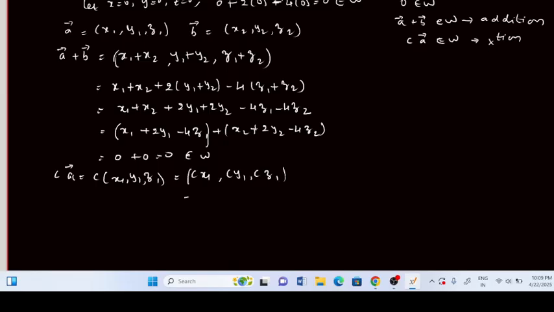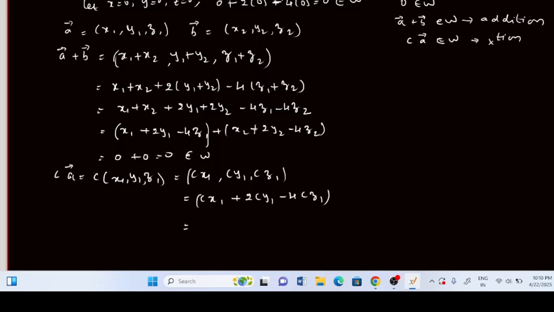Now this value we substitute in the given equation. So x is C times x1 plus 2 times C times y1 minus 4 times C times z1.